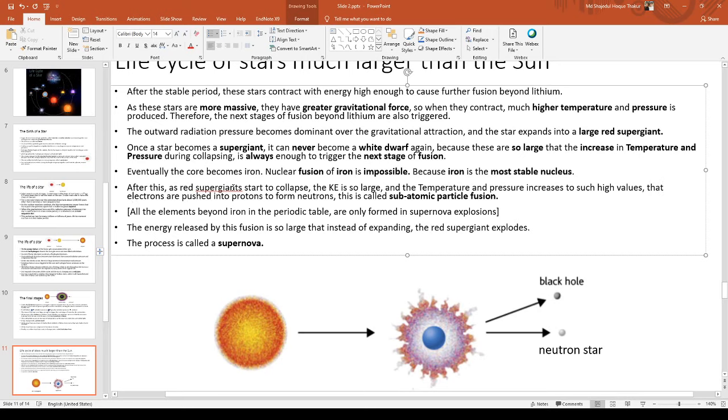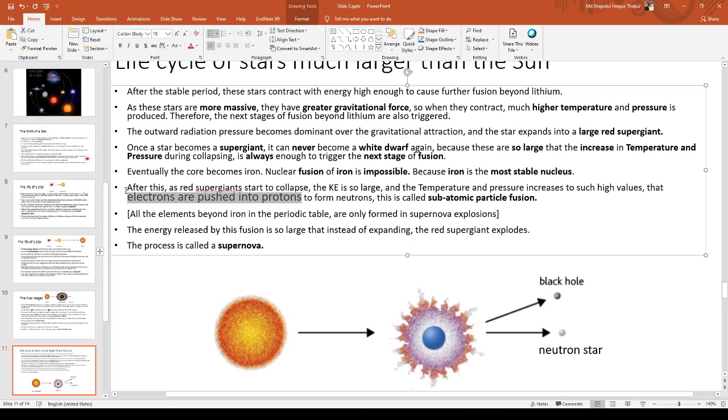iron nucleus cannot fuse, right? So what happens is the iron atoms, they still have electrons, right? Well, the electrons, oh my god, this part. The electrons are pushed into protons. Yes, you heard me right.